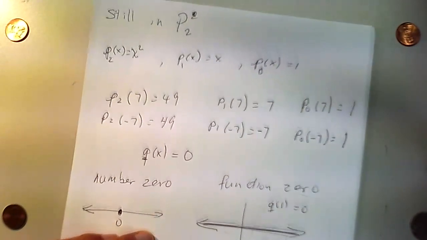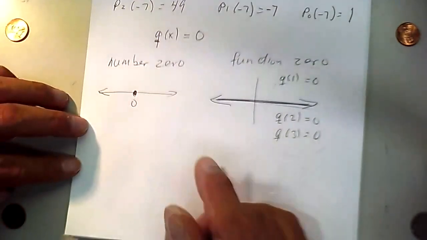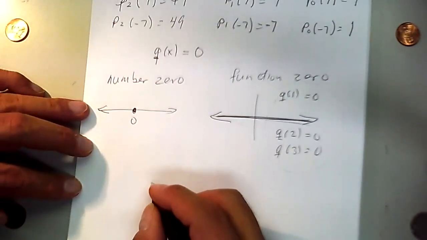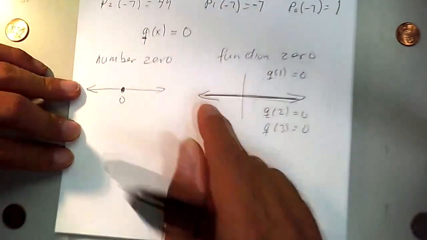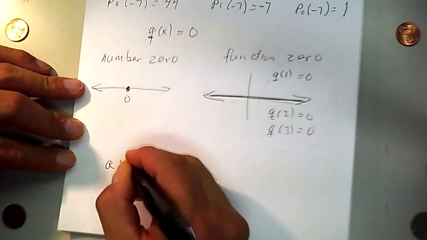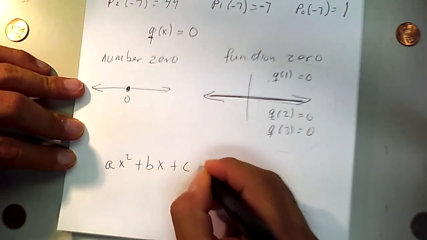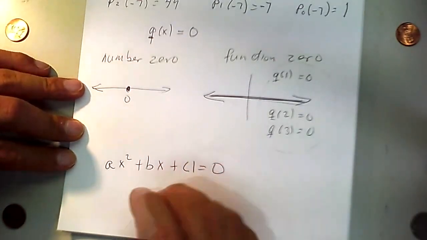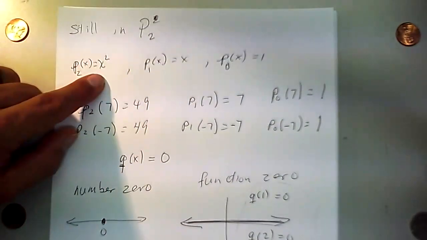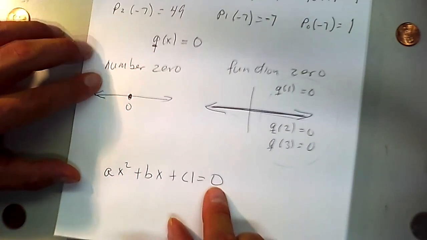What else was I going to say about this? Oh, linear independence. So how do we prove that those 3 vectors are linearly independent? Well, A times x squared plus B times x plus C times 1 equals 0. But this is not the number 0.